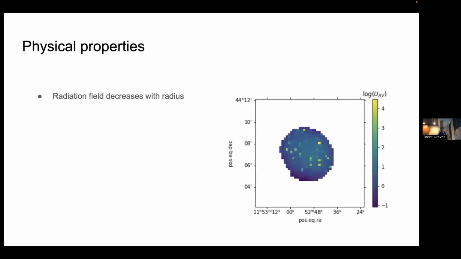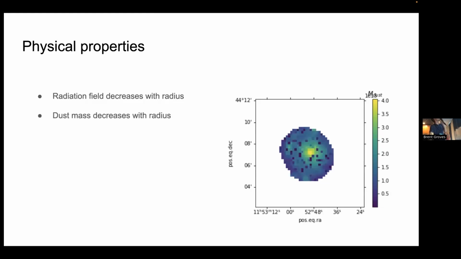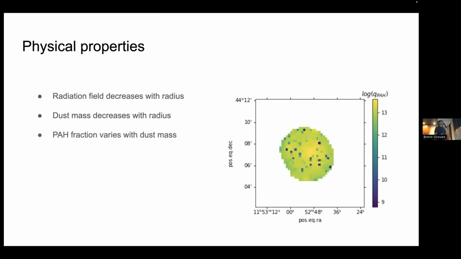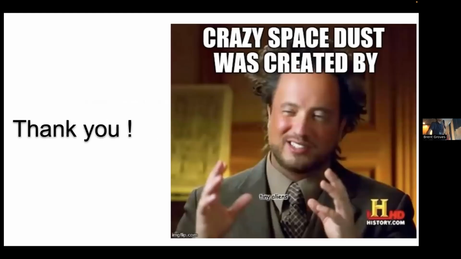For each pixel of the galaxy, we managed to calculate the physical properties of the source. We found that the radiation field decreases with radius of the galaxies, and also the dust mass, and the PAH fraction varies with dust mass. Thank you.